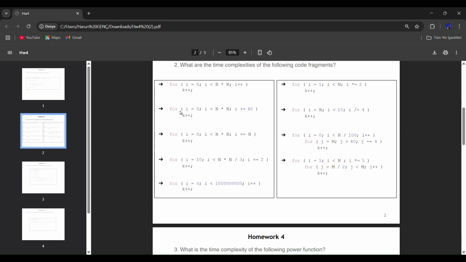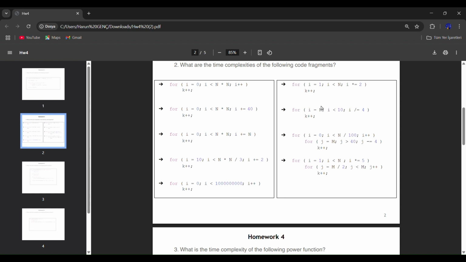And third, the loop starts at 0 and increases by 40 each iteration. Since constants are ignored in big O notation, the complexity is O(n squared).